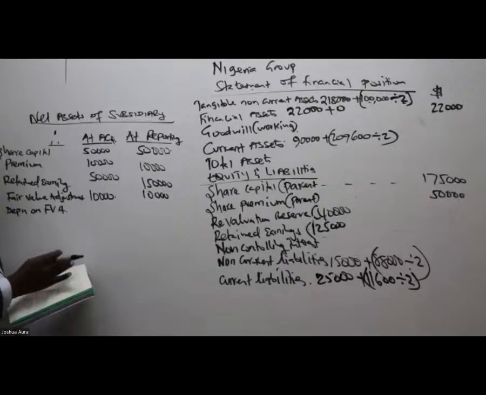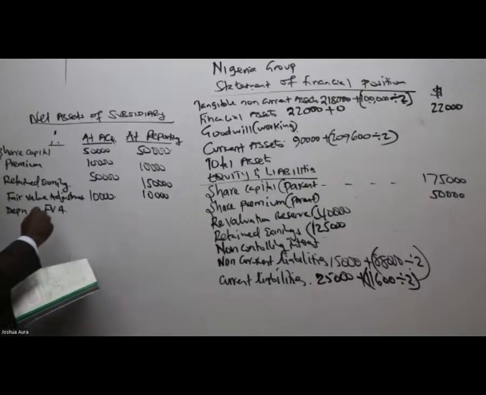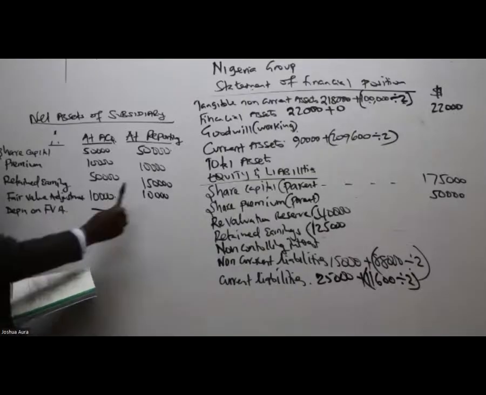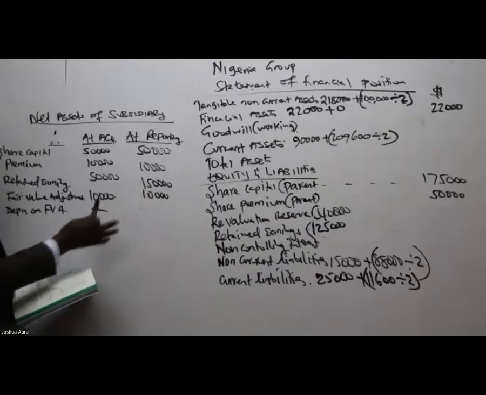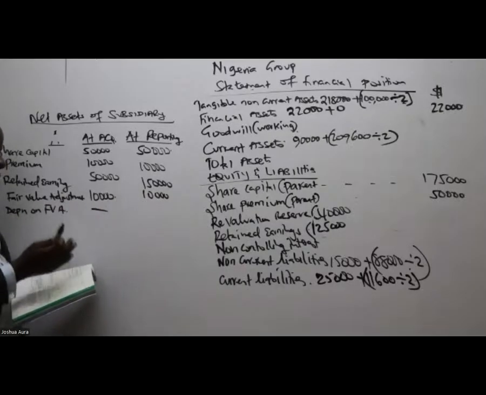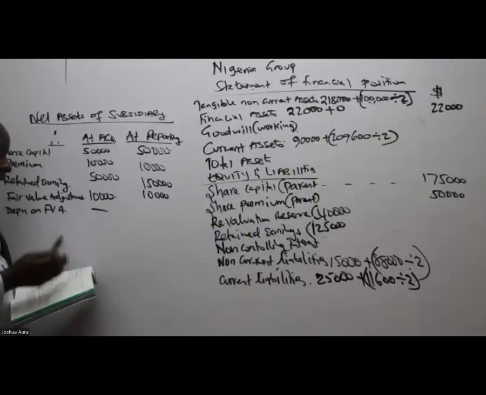Now, the only thing that I would expect you to give me is the depreciation on fair value adjustment, which is never here. Depreciation on fair value adjustment always comes in as a deduction, right? They have given us a policy from note number 2: at the date of acquisition, the fair value of Lagos non-current assets, which at that time had a remaining useful life of 10 years, exceeded their book value.